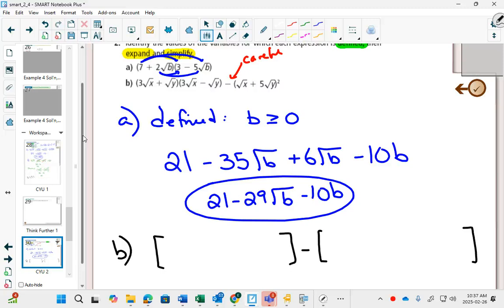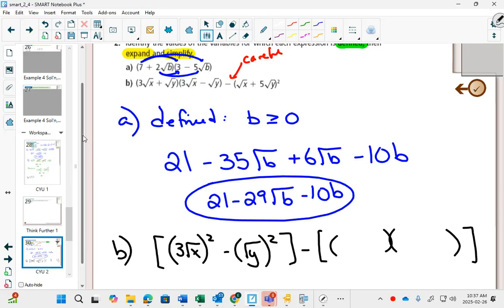The first one, if you recognize it as a difference of squares, it'll be this one squared minus that one squared. So you could use the shortcut. You could also use all the arrows. The second one, I actually take my time anytime something is squared.